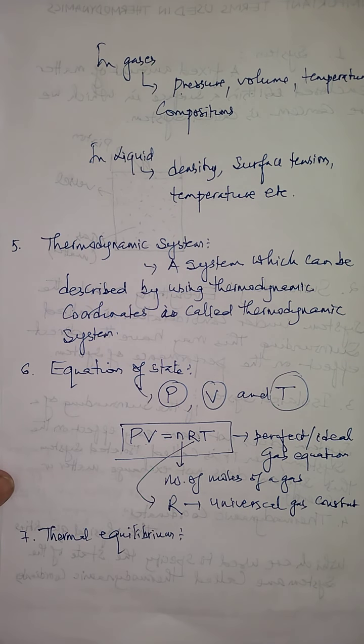Thermal means heat, equilibrium means equal. Thermal equilibrium is defined and expressed by one of the physical quantities called temperature, because you know temperature is the physical quantity that measures the degree of hotness or coldness of a body.